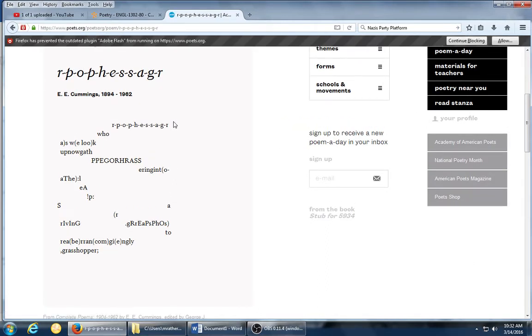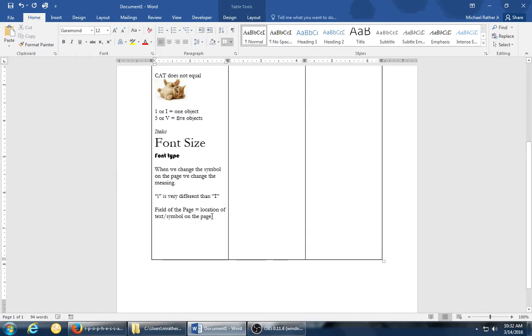And then we see who, as we look up now, gathering into the leap. And notice how the movement of the text across the field of the page is mimicking what the grasshopper is doing when it finally becomes clearly a grasshopper. So as the text moves and changes shape, it changes meaning. That's what we're talking about here with field of the page, location of text and symbol on the page can affect meaning interpretation.